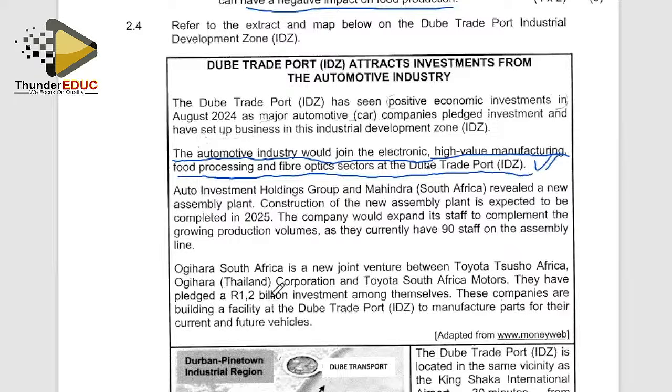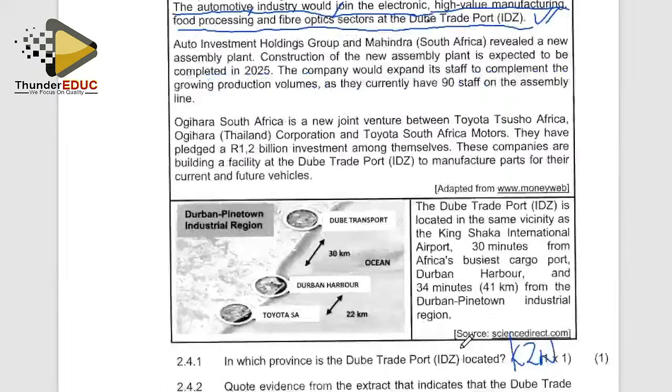So this is where we get a variety: the automotive is joining electronic, and also there's high-value manufacturing, food processing, and fiber optics. All of those are found in the Dube Trade Port Industrial Development Zone.